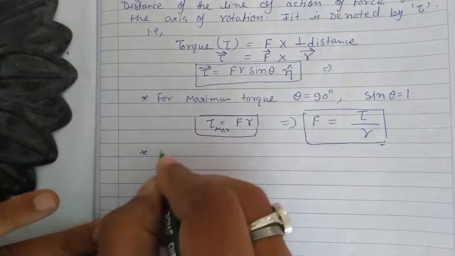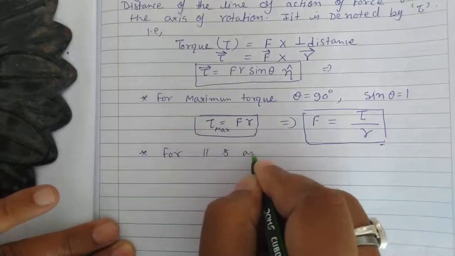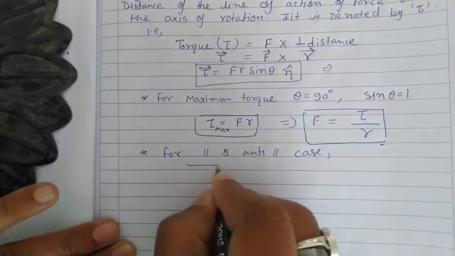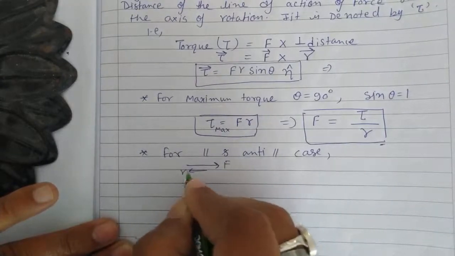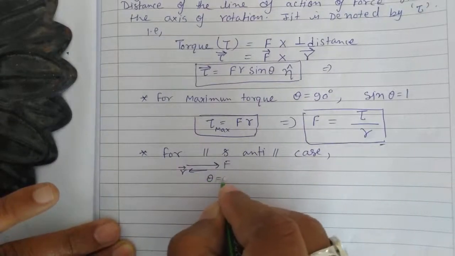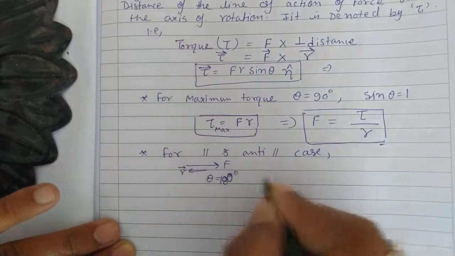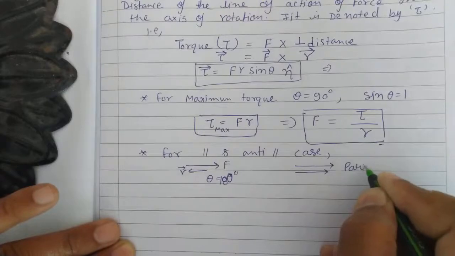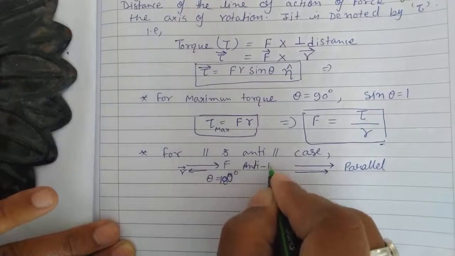Okay, now for the parallel and anti-parallel case, that is force and radius of rotation parallel to each other, theta is equal to 0 degree in this parallel case and 180 degree in this anti-parallel case.